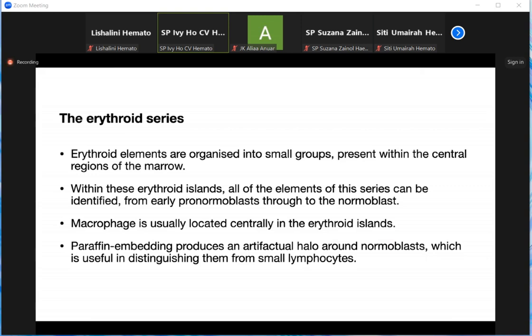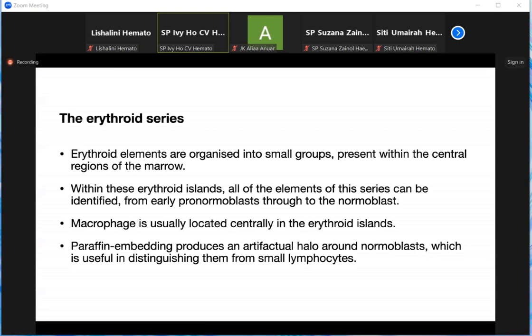And some people may say, it's difficult for me to differentiate whether these are erythroid precursors or lymphocyte aggregates. One thing that will help us is the macrophage. If you see this island, normally in the center you will see a macrophage in the erythroid islands. So if you see these features, this will help us to differentiate the erythroid from the lymphoid cells.